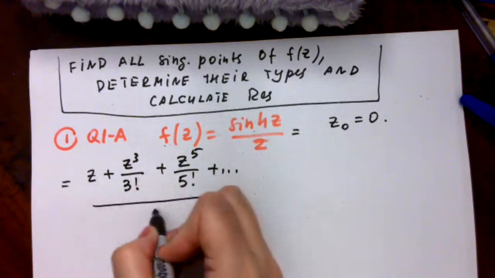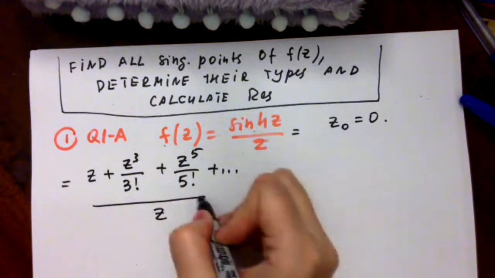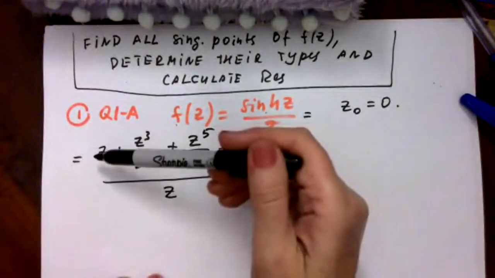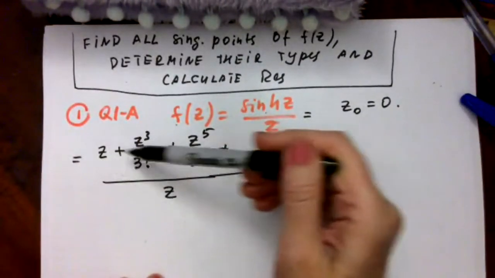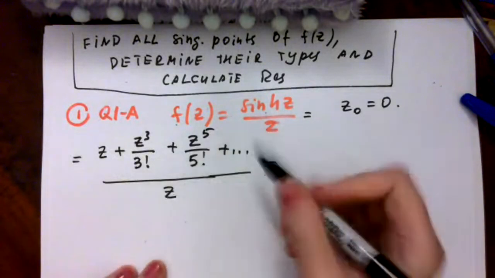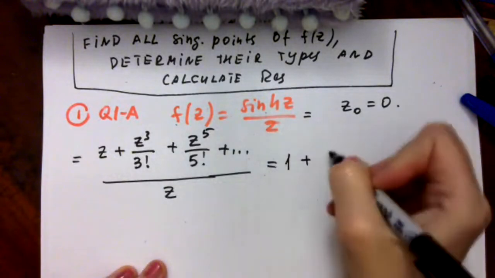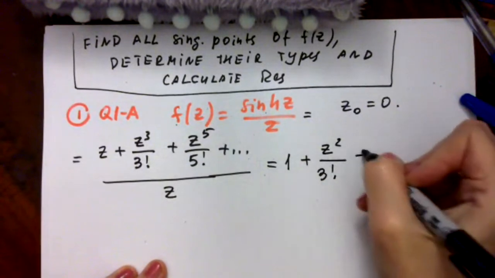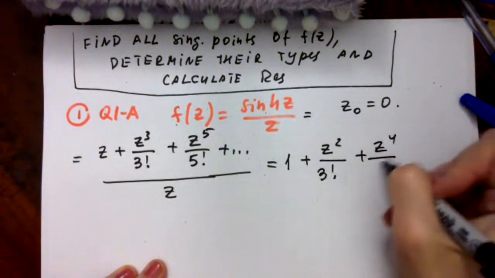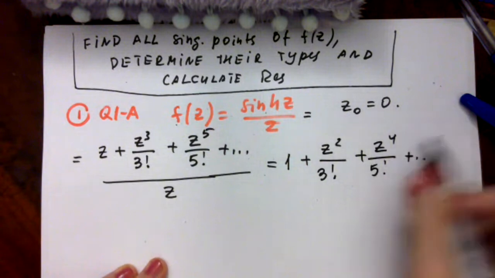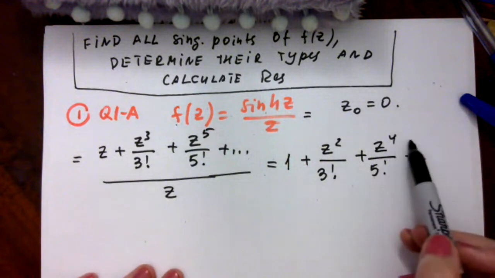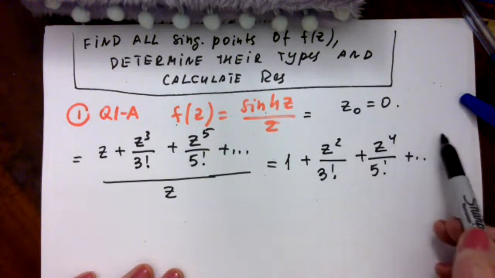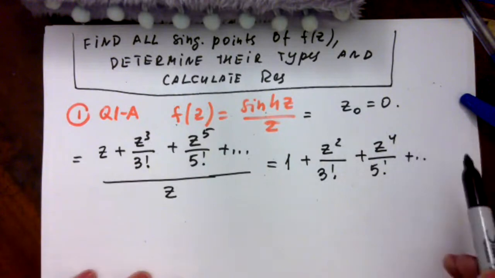I think it's enough. And I'm copying the denominator. Of course, we need to simplify this expression, and it's very easy. You just need to divide every term by z. So it will be 1 plus z squared divided by 3 factorial plus z to the power of 4 divided by 5 factorial, and so on. You can easily imagine that the powers will be increasing all the time: the second power, fourth power, 6, 8, and so on.